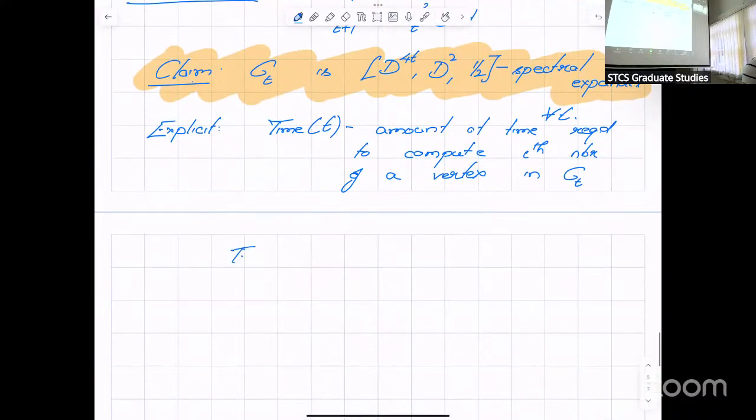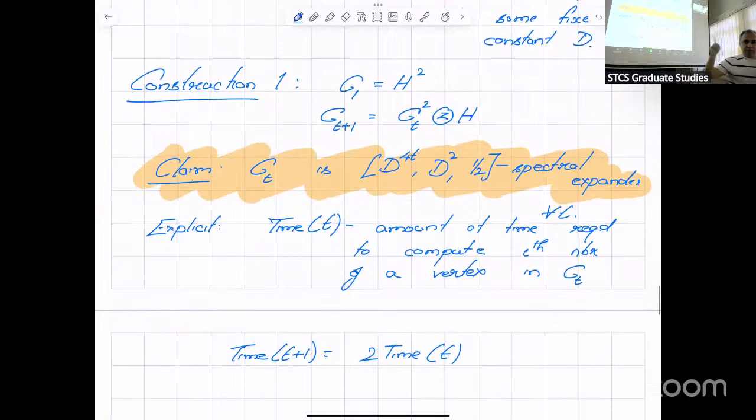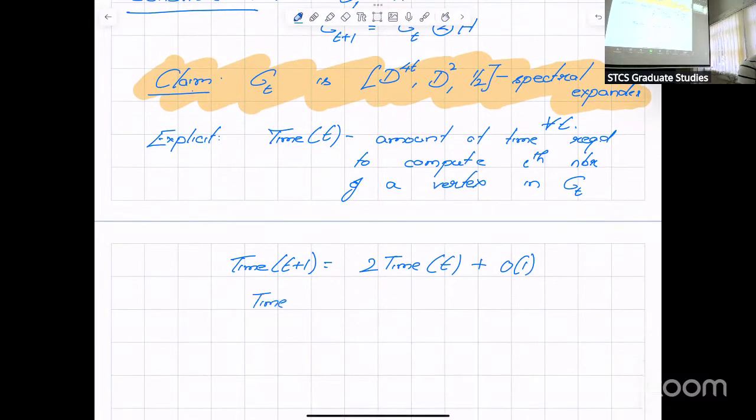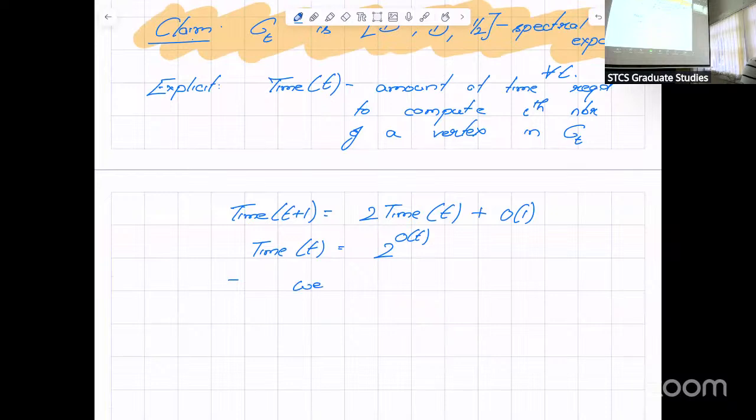I claim time t plus 1 is 2 times time t, because I have to square the graph, so I have to take 2 steps, plus an order 1 operation. What's the solution to such a recurrence? The solution is time t is 2 power order t. This is too bad for us. For the Tth graph, the amount of time taken should be poly t if it's fully explicit. This is only weakly explicit. So this is a weakly explicit construction.